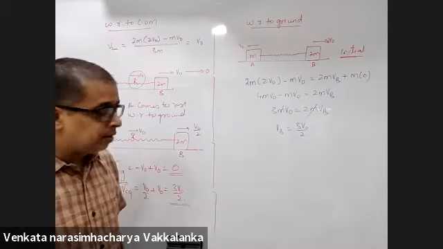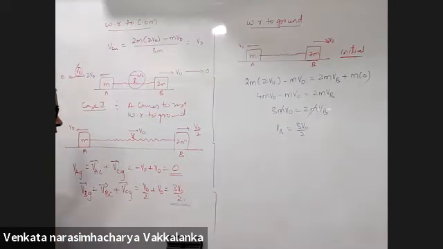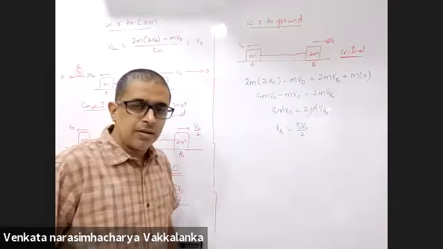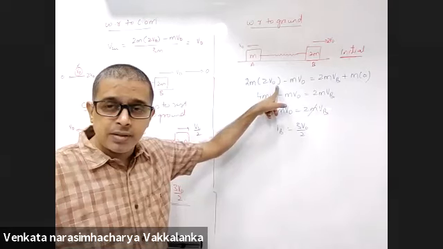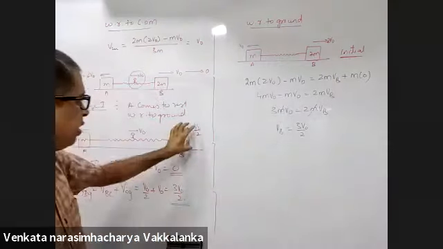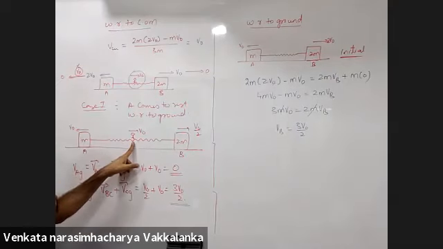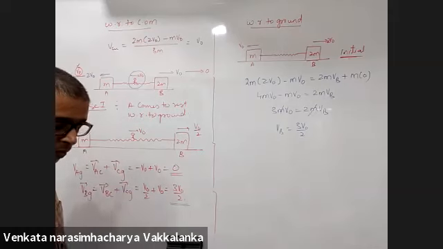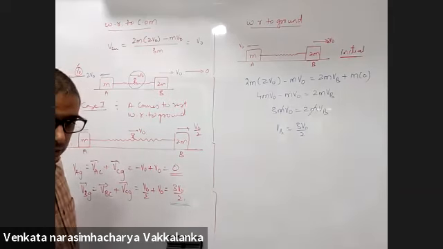Sir, you said product of momentum is 0. Sir, he is talking about the conservation of momentum. No. You mean here? Sir, with respect to center of mass. Momentum of this and this with respect to center of mass should be equal and opposite. Only then the summation of the momentums will be 0.